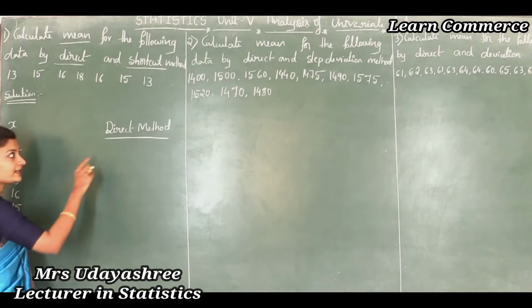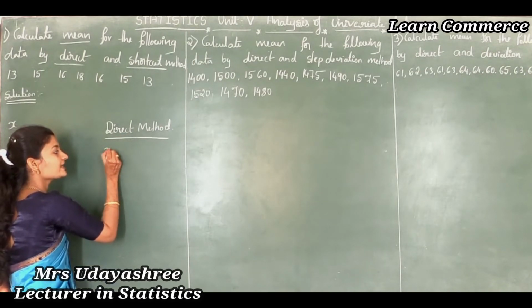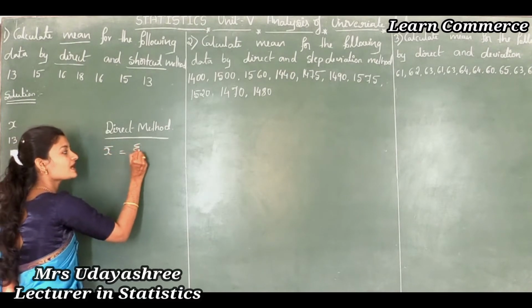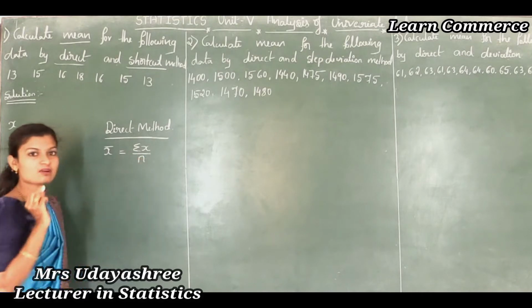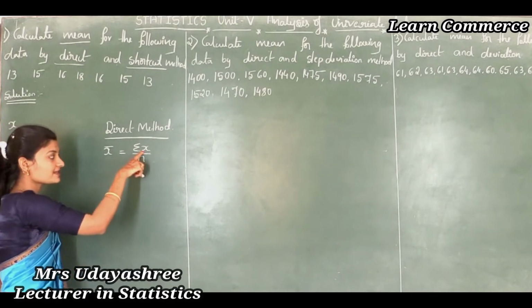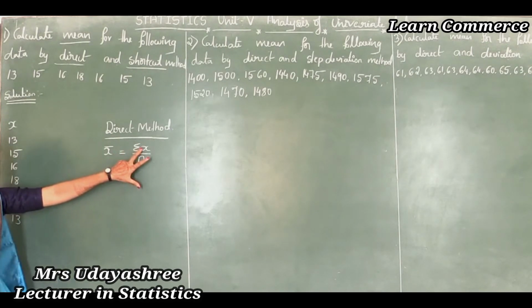In ungrouped data, in the direct method, the mean formula is X bar is equal to sum of X divided by n, small letter n. Sum of X means summation of X observations.